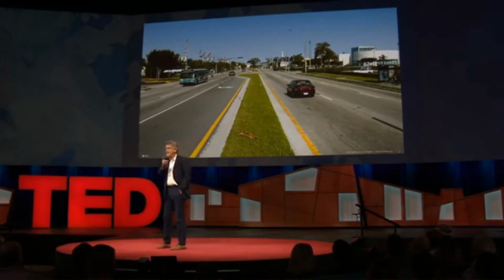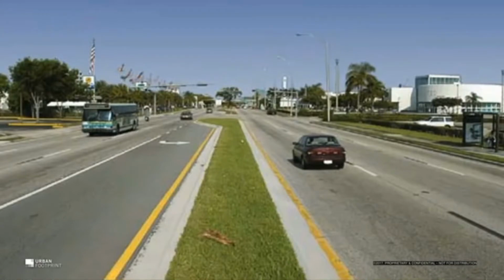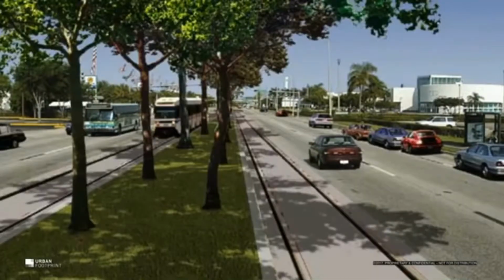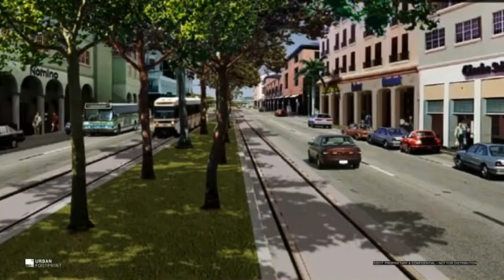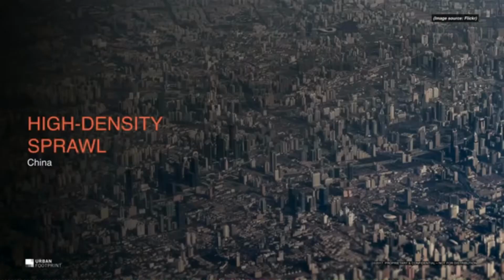How does it happen? You take the least desirable land, the strip, you add transit where there's space, and then you infill mixed-use development. You satisfy new housing demands, and you make the existing neighborhoods all around it more complex, more interesting, more walkable.